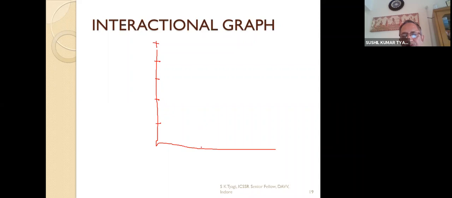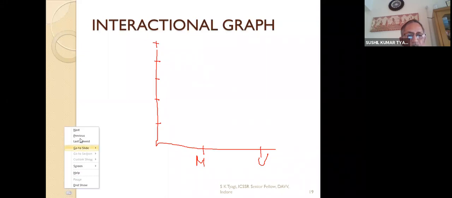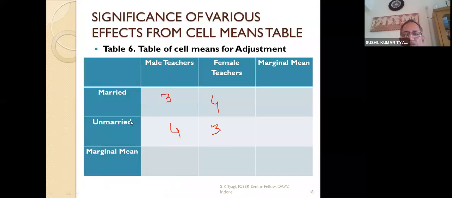Now this is married, unmarried, and male, female. Let us see. Married, unmarried is on the x-axis. For married, the two means are 3 and 4. For unmarried, 4 and 3.